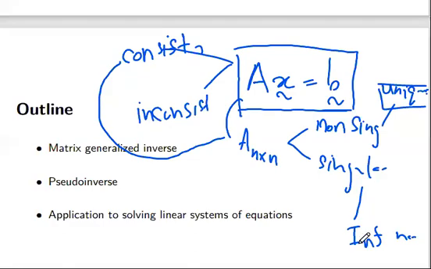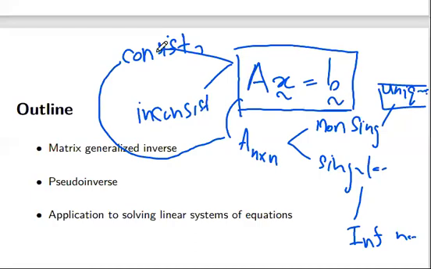So we haven't discussed this case yet. So far we have discussed only consistent systems with a square, non-singular coefficient matrix, where we were able to find the unique solution.